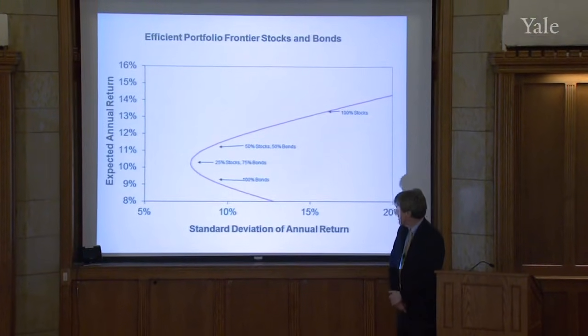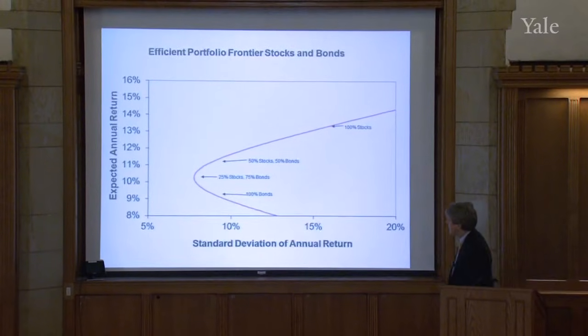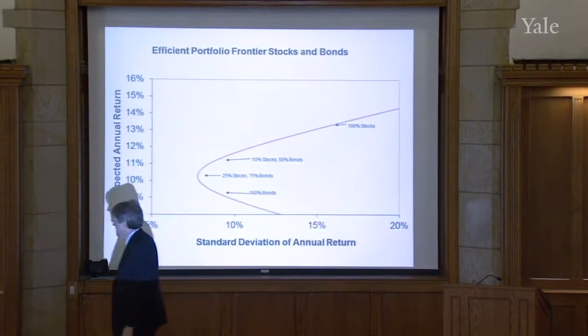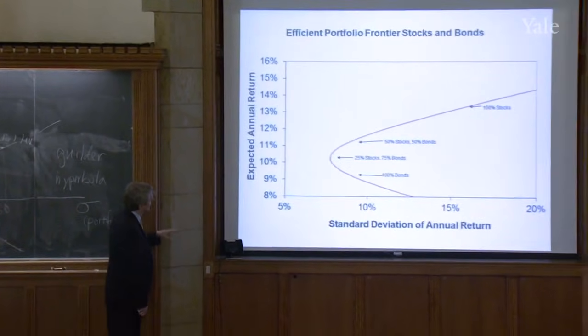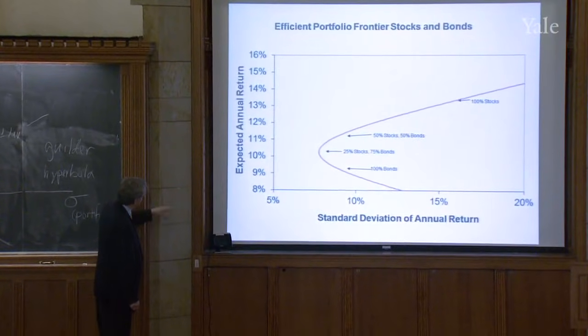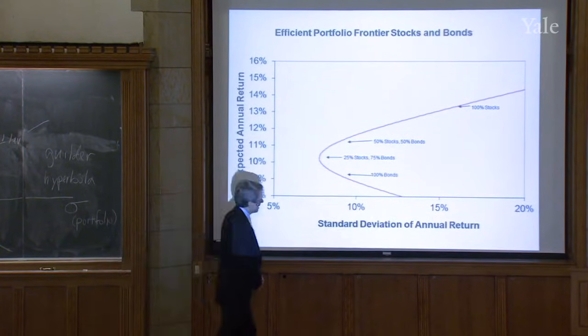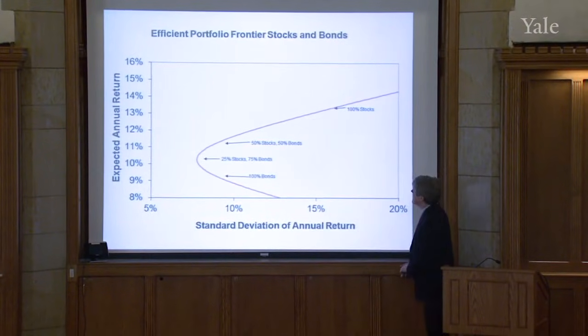They're not riskless. I call those bonds. There's other kinds of bonds. And I computed the relationship between the standard deviation of the portfolio and the expected return, just as I showed you, again using data from 1983 to 2006.